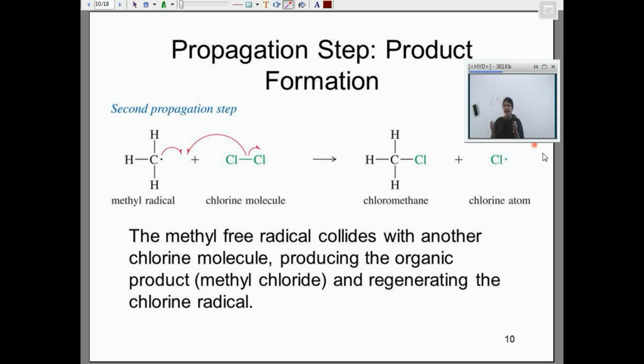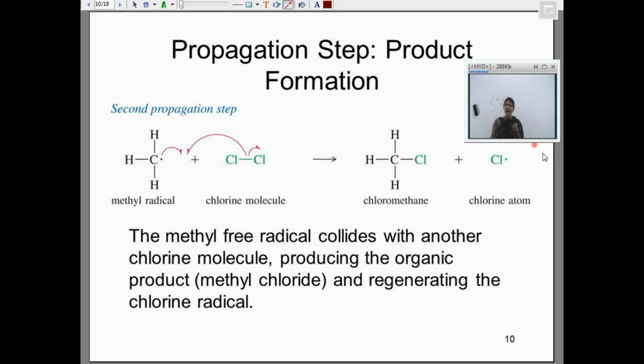When we are doing the reaction, there are a number of molecules: a number of molecules of methane, a number of molecules of chlorine, and a few chlorine radicals in the beginning. There is some possibility that a chlorine radical can collide with another chlorine free radical.